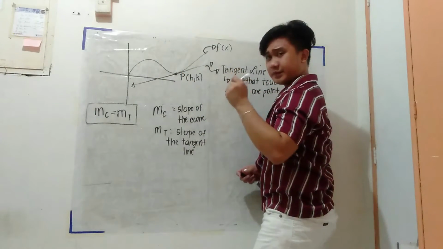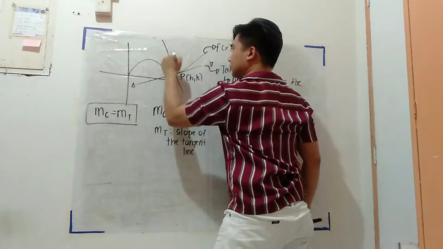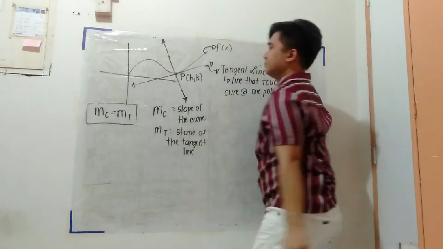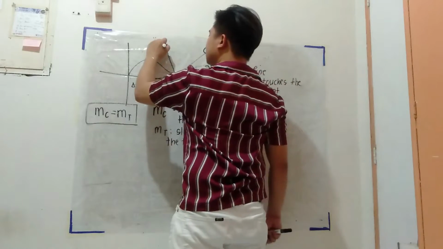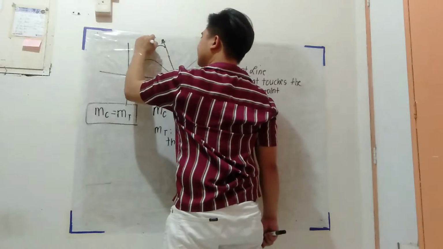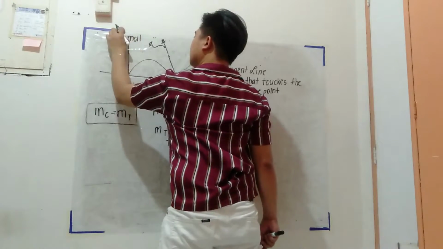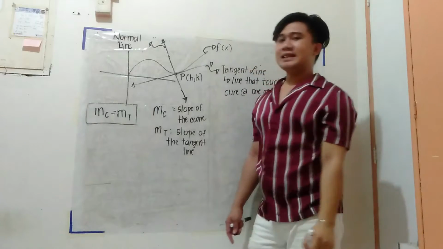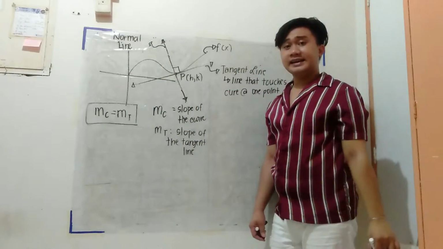Okay? What if mag-drawing ako dito ng isang line, mayroon ulit tayong line. Okay? Itong line naman na to ay tinatawag nating normal line. Okay? Normal line, kasi kung nakita nyo, may nabuo tayong 90 degrees.